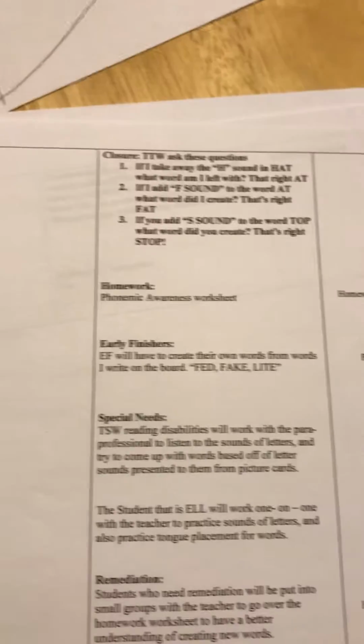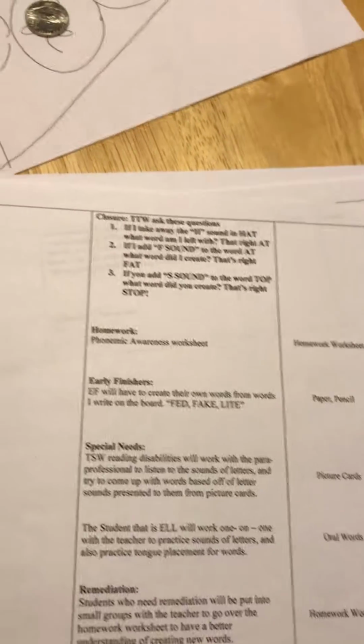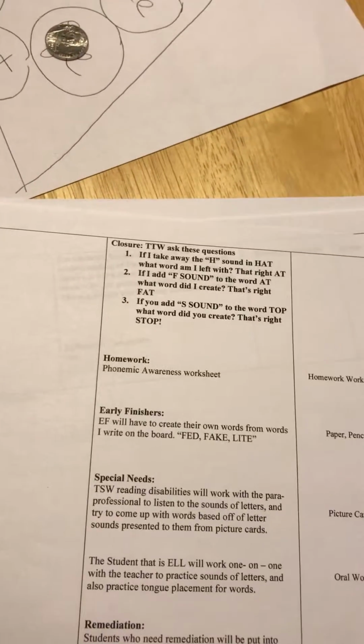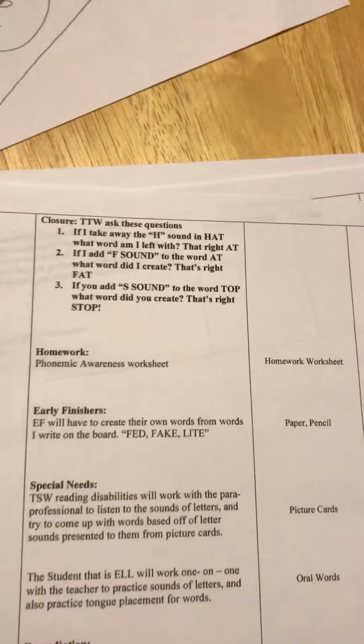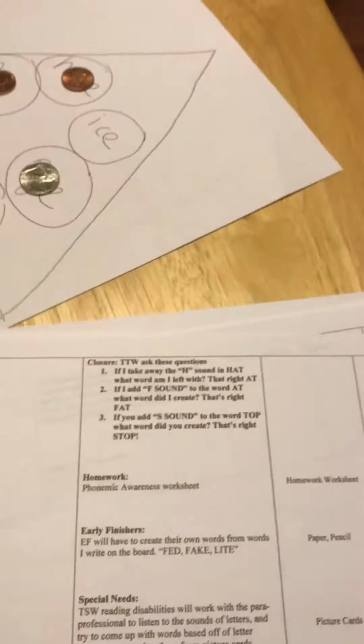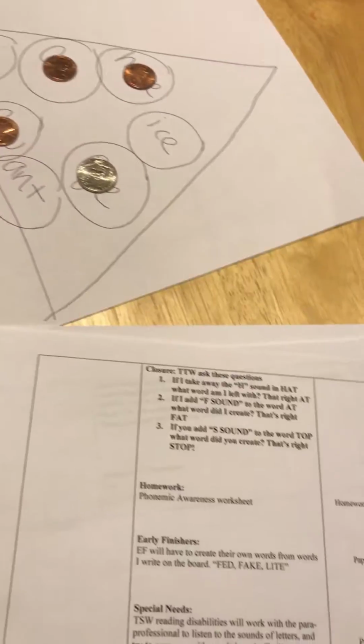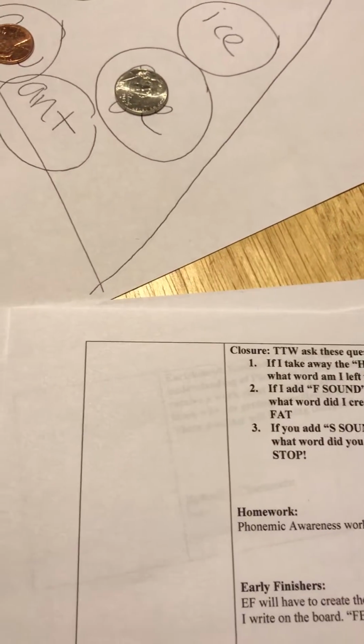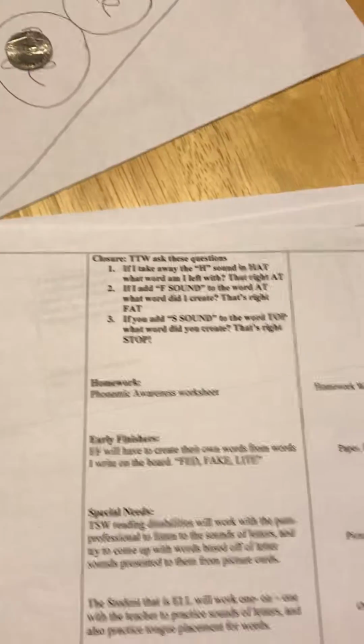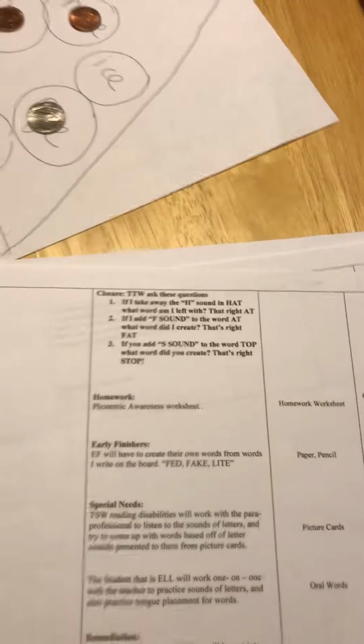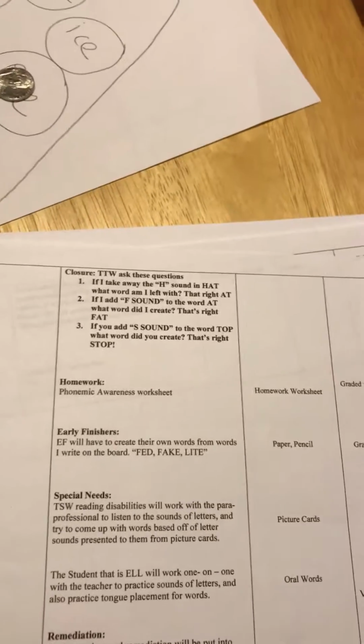So if I take away the H sound in hat, so hat minus H would be what word? At. Alrighty. Okay, so if I add the F sound to the word at, which word did I create? F to the at. Okay, so it'd be fat.